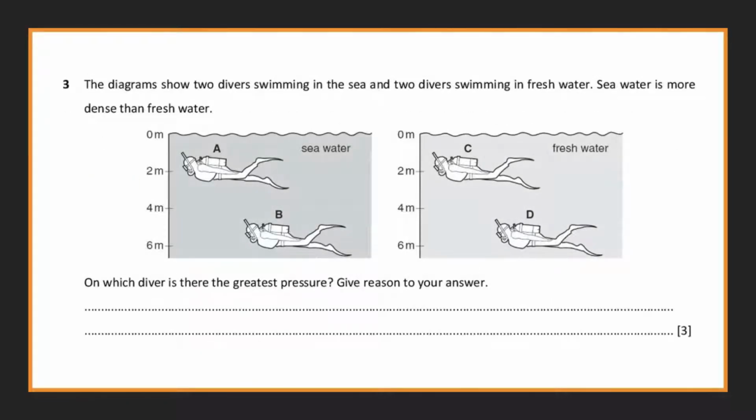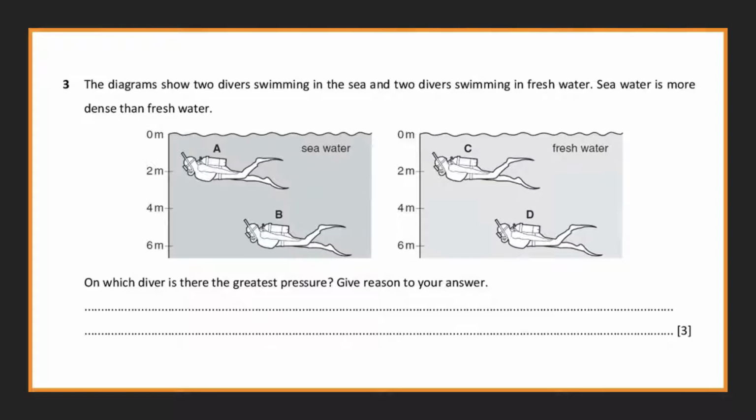The diagrams show 2 divers swimming in the sea and 2 divers swimming in fresh water. Seawater is more dense than fresh water. On which diver is there the greatest pressure? Give reason to your answer.